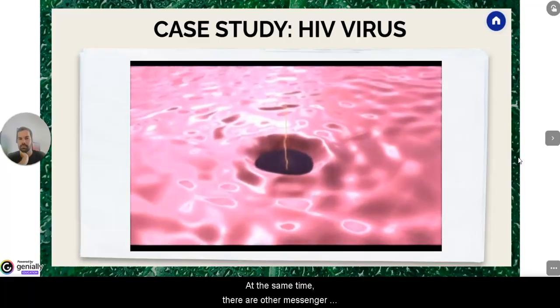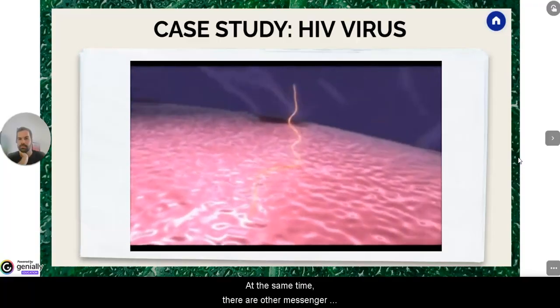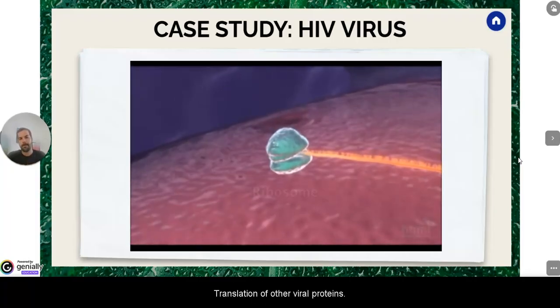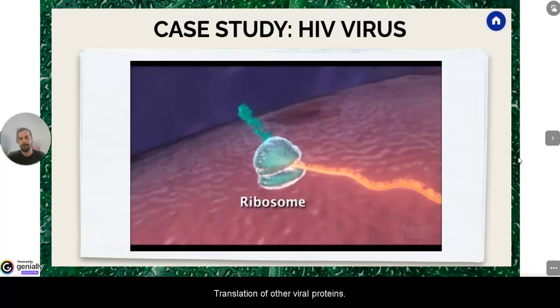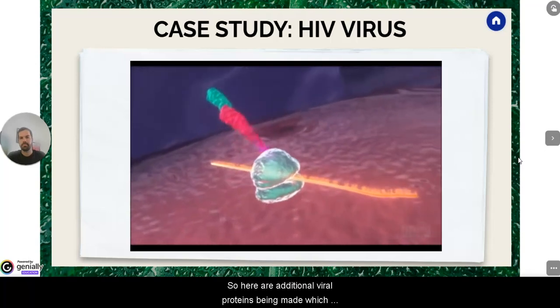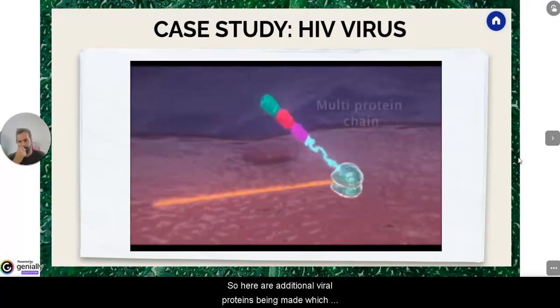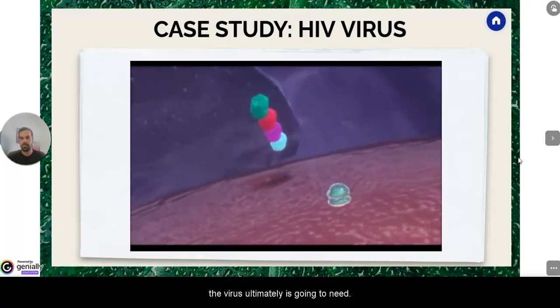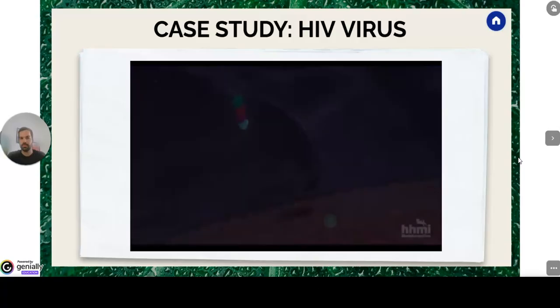At the same time, there are other messenger RNAs that are being produced that allow for translation of other viral proteins. So here are additional viral proteins being made, which are going to be used to make up the key components that the virus ultimately is going to need.